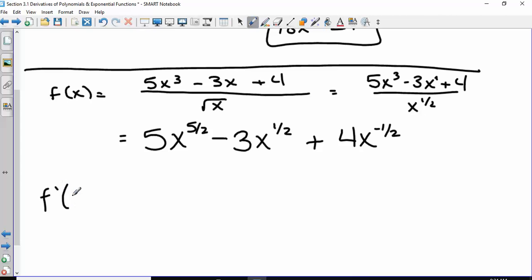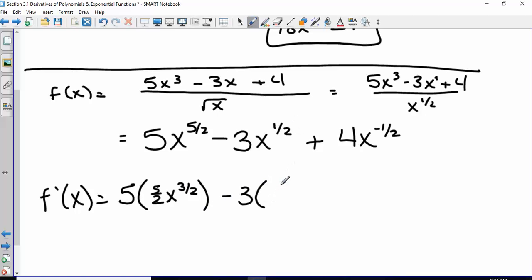So then if I ask you to do this derivative, you'd have your 5, then x to the 5 halves would be 5 halves x. If you subtract 1 from the power, 5/2 minus 1, so 5/2 minus 2/2. Minus 3, so this one, the 1/2 comes down. 1/2 minus 1 is negative 1/2.